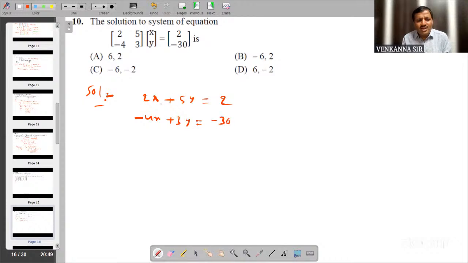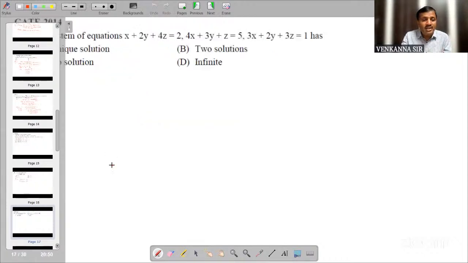Cross check, just apply trial and error method. 2 into 6 minus 10 is minus 14, 4 into 6 is 24 minus 6. Option D satisfies. Just write the two equations and check by trial and error, no need for much analysis.